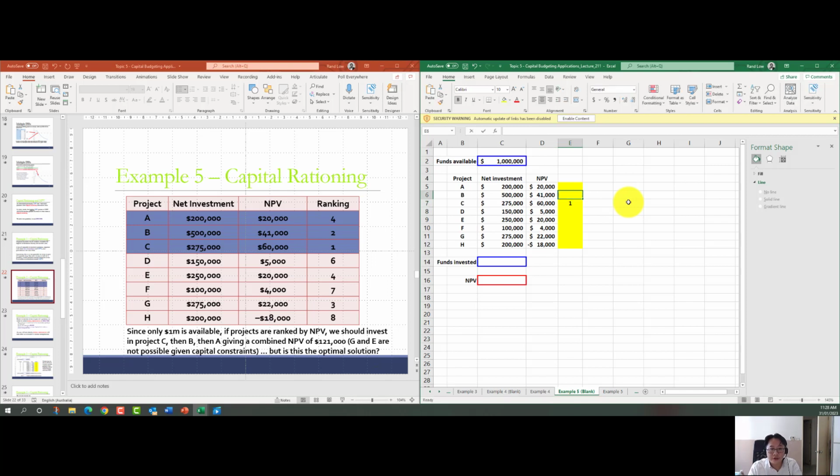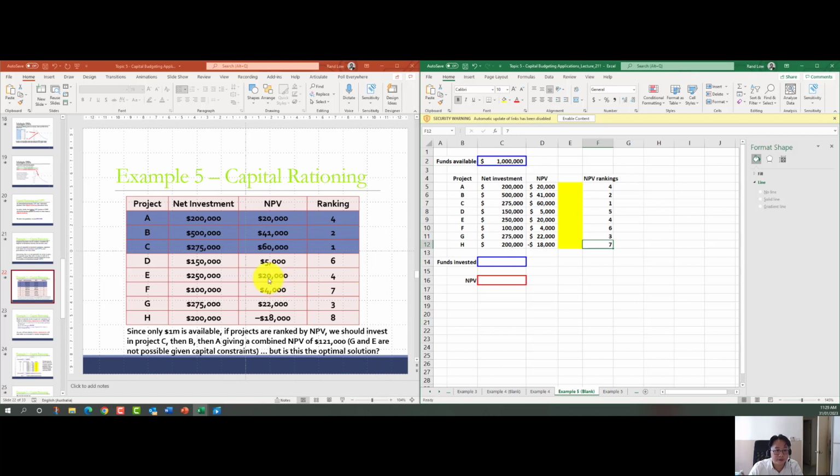Looking at NPV rankings, it would be 1, 2, 3, 4, and 6, 7.